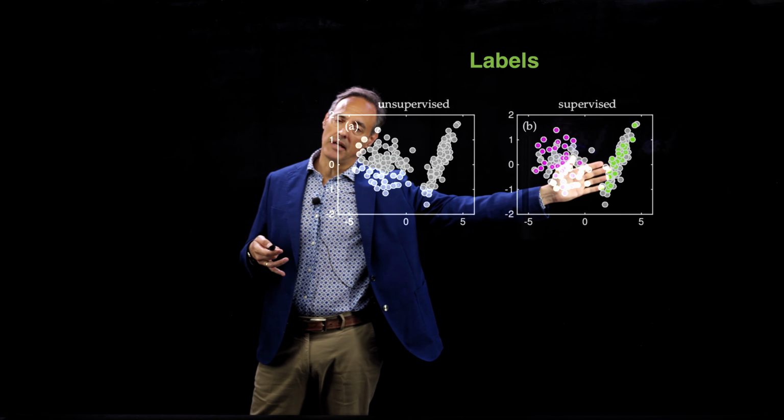So now your goal is to tell me what these gray balls, these new data that I have, are, given that the magenta is what I'm going to call the magenta balls, and the green are the green balls. So here, in the supervised learning task, I am guiding the process. I'm labeling data for you in order for you then to follow up with a classification task or a clustering task.